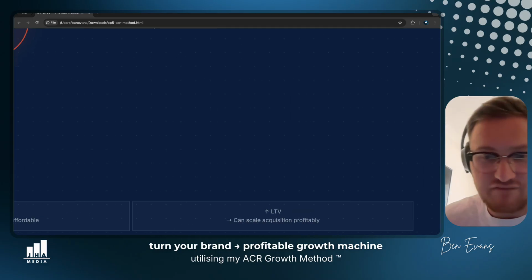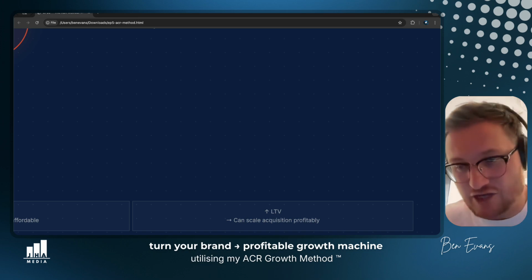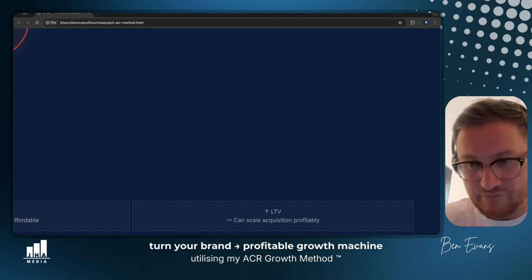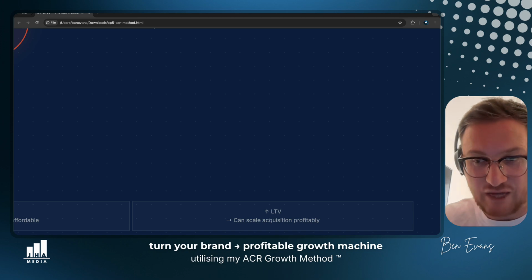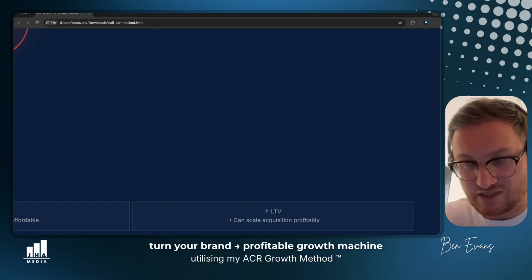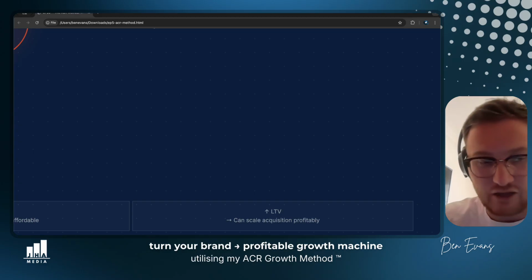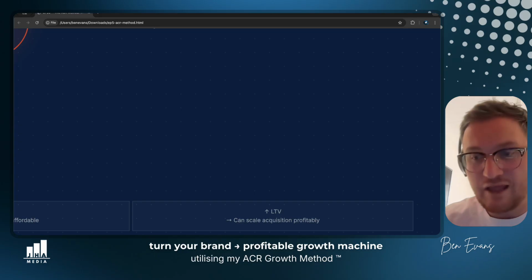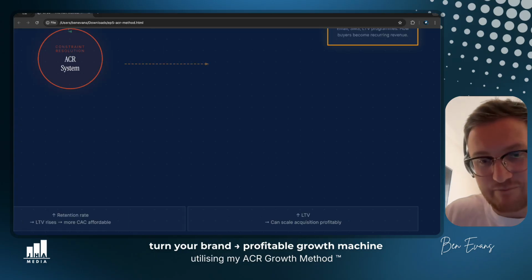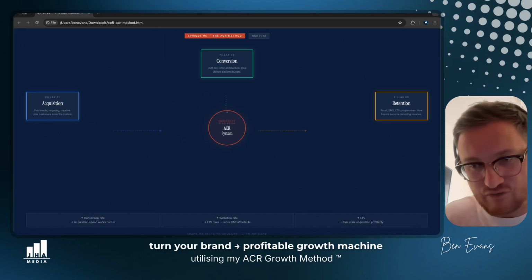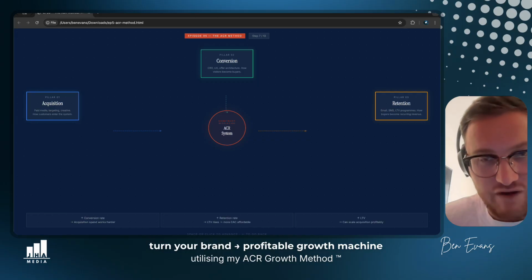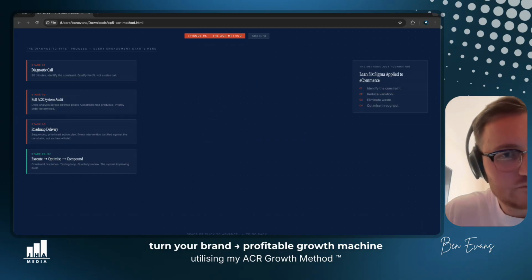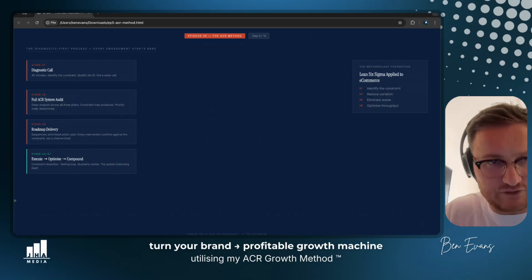And when your lifetime value increases, you can actually scale acquisition profitably, which means you can have more money to spend on ads, which means you can bring in new customers, which means you can accentuate that lifetime value even further by building out that email list and building out those customer profiles that you've got to increase recurring revenue.